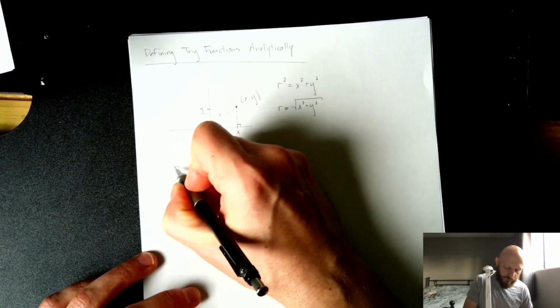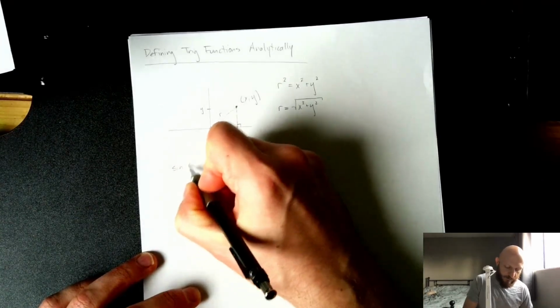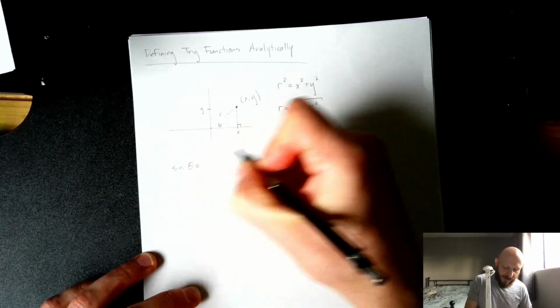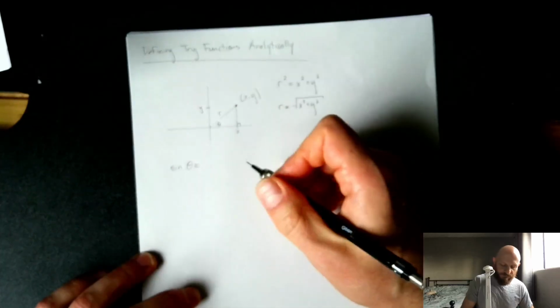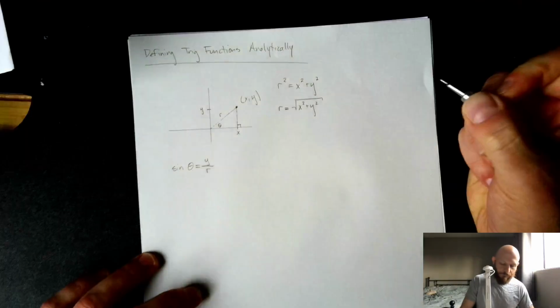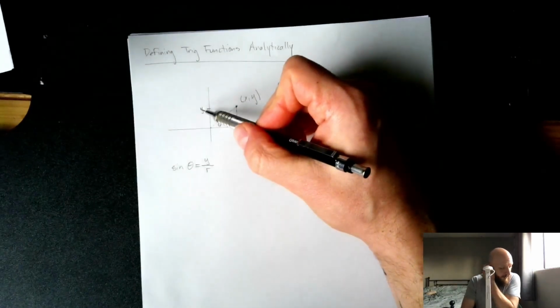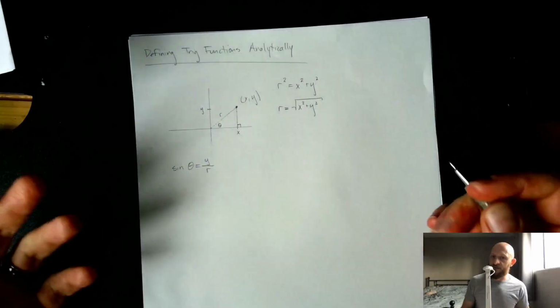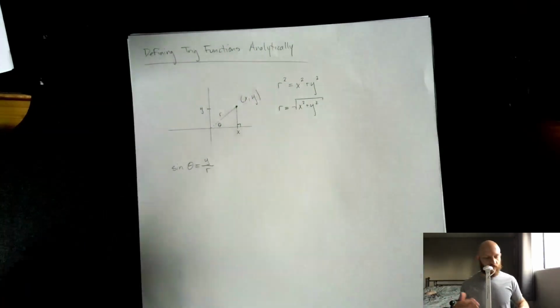So those functions are the sine of theta. And the sine of theta, we define analytically to be y divided by r. So whatever this y value is, y divided by r is sine theta. This is a definition. This isn't being derived from anywhere.